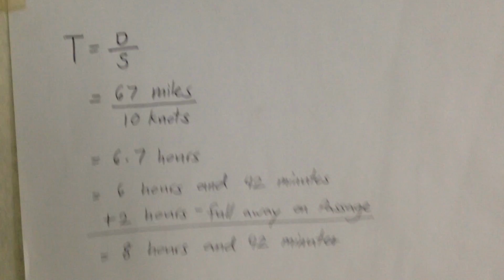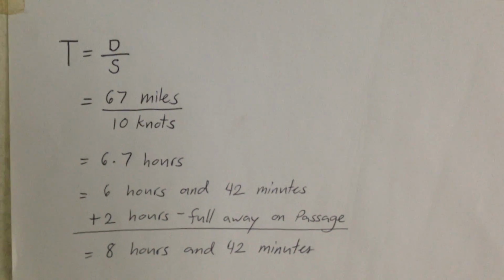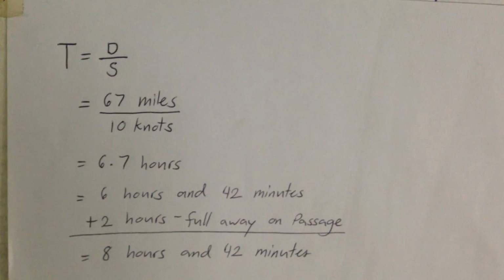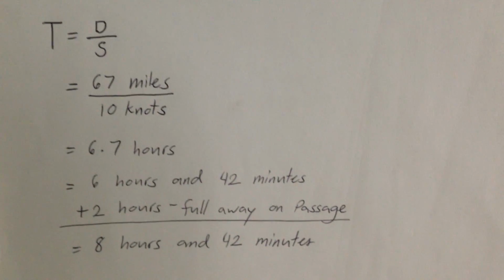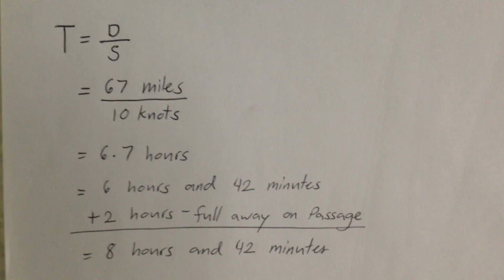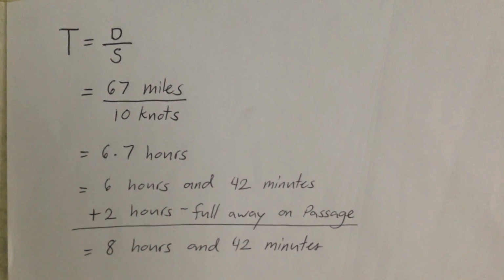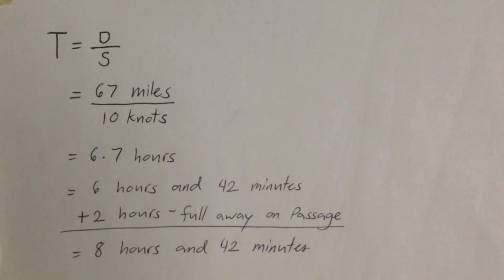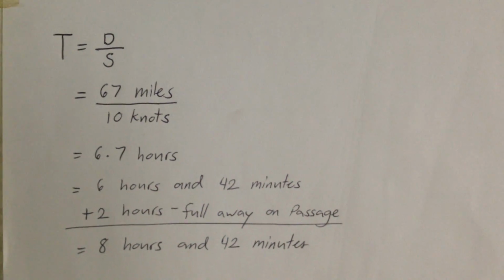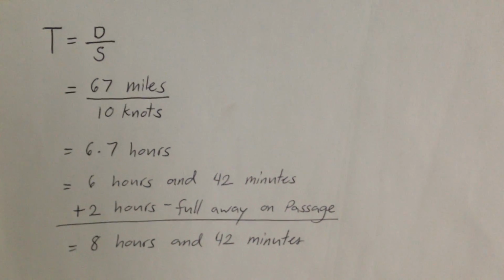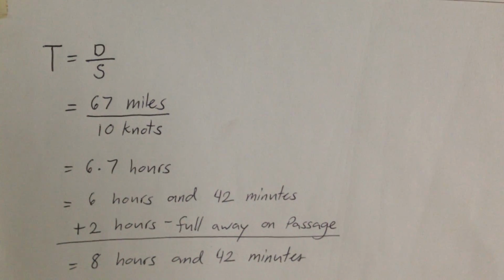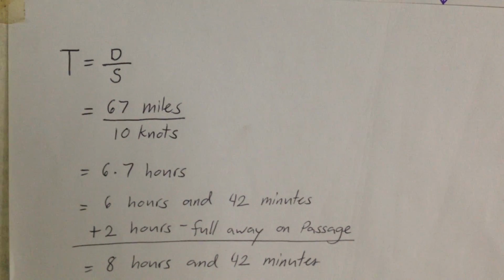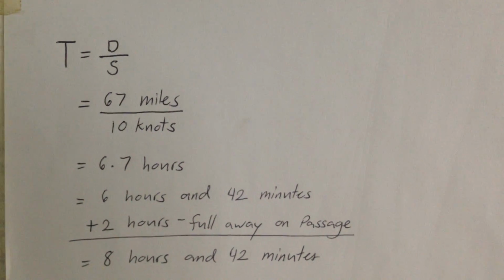To get the time, this is the formula: time equals distance over speed. We already have the distance, 67 miles, and the speed is given as I said earlier. If we divide it, it is equal to 6.7 hours. Let's convert the 0.7 to minutes: 0.7 times 60 is equal to 42 minutes.